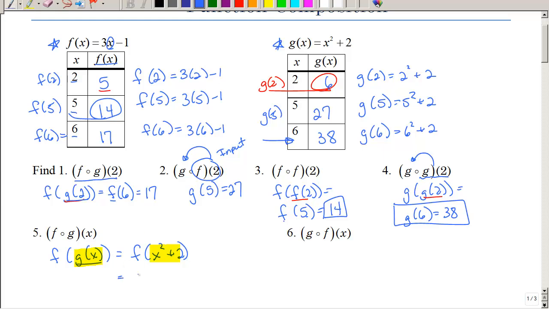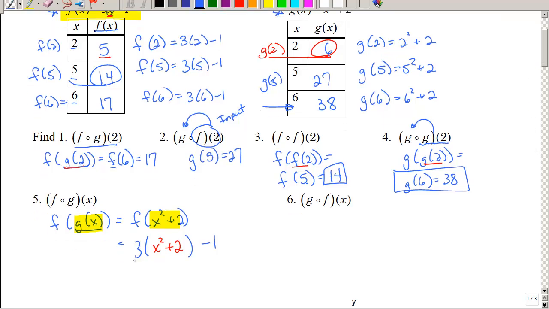Now I go to the f function, which is here, and everywhere there is an x, I'm going to replace that with x squared plus 2. So here was the x, and I'm replacing that with x squared plus 2. And now I'm just going to simplify that. I have 3x squared plus 6 minus 1, 3x squared plus 5.